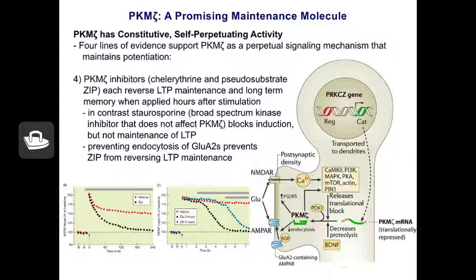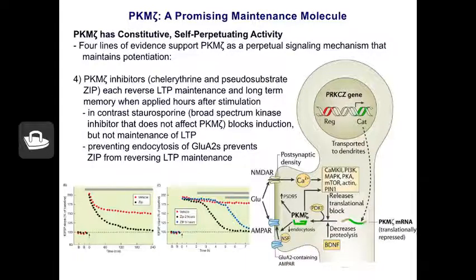And then in contrast, another protein kinase inhibitor known as staurosporine, and that's not illustrated on these graphs, could disrupt induction of LTP when infused immediately after tetanic stimulation, when, of course, it's going to be able to interfere with all of those different kinases that are implicated in that initial induction. But administration of staurosporine did not disrupt late phase potentiation when it was administered hours after the stimulation.